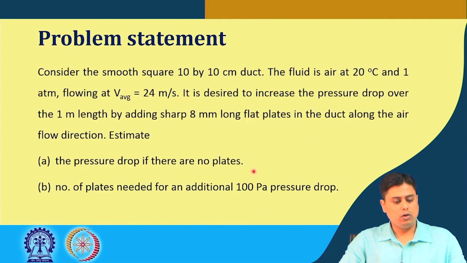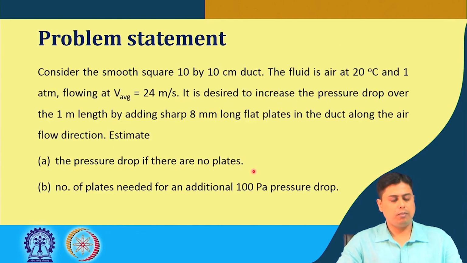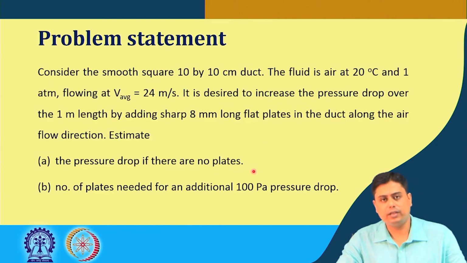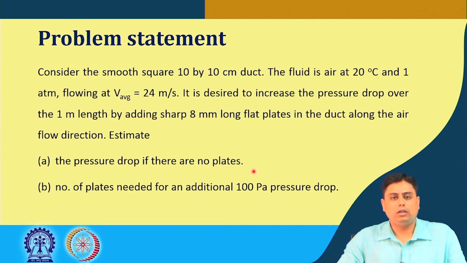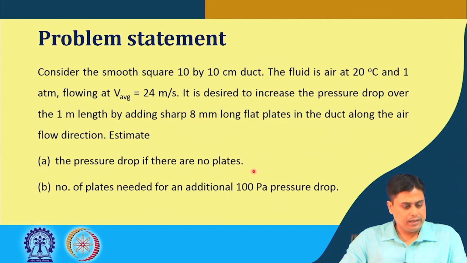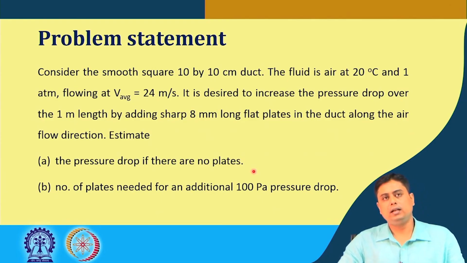Now, we move on to a bit complex problem that associates this concept of drag. So, the problem here says that consider a smooth square duct that has a dimension of 10 by 10 centimeter. The fluid is air at 20 degrees centigrade and at 1 atmosphere, flowing at a velocity of 24 meter per second.